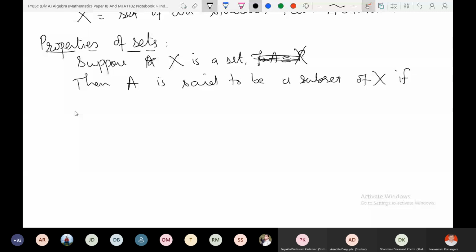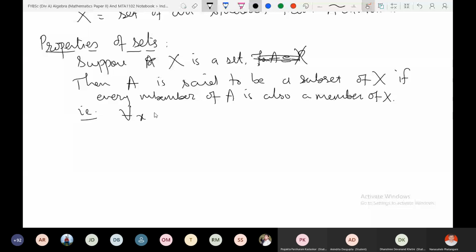Mathematically, A is a subset of X means every member of A is also a member of X. That is, for every x in A, x is also a member of X, in symbolic notation or in short.